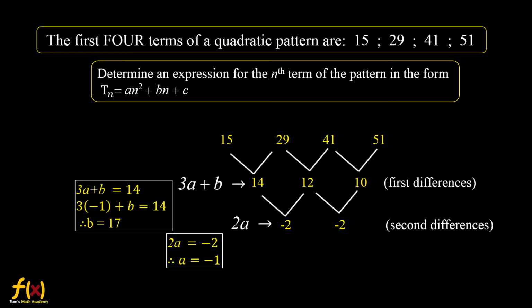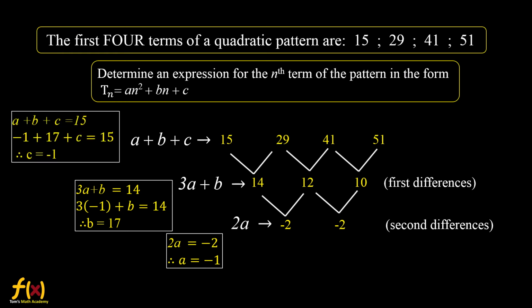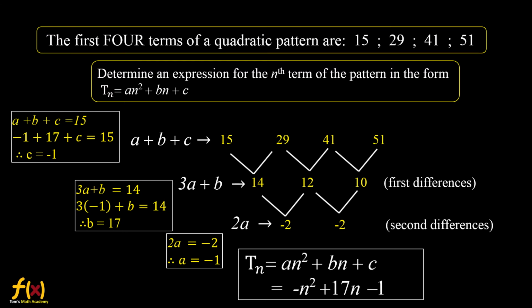Solving for b, we get b equal to 17. And a plus b plus c equal to 15. Solving for c, we get minus 1. And this general term, an square plus bn plus c, for this question it is minus n square plus 17n minus 1.